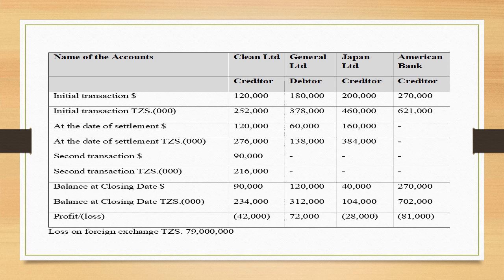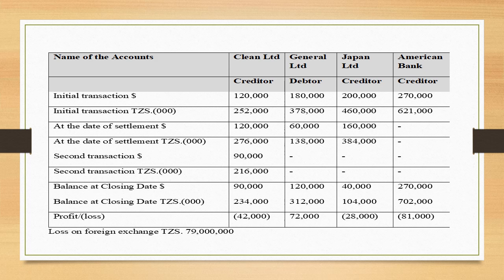Then we determine whether we make a loss or profit when we consider the Tanzania shillings. Remember, for Clean Limited, the initial transaction in Tanzania shillings is 252. But when we are paying, we paid 276 million. You can see that we have some losses made there.